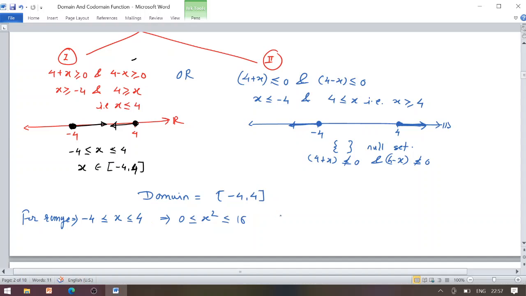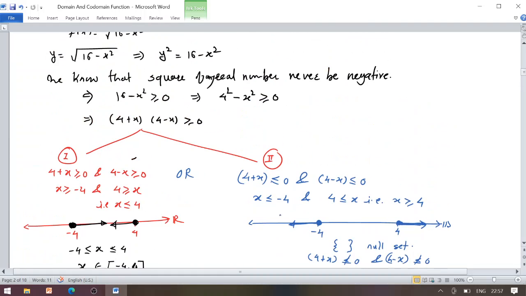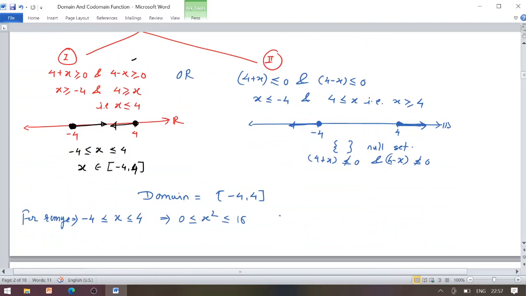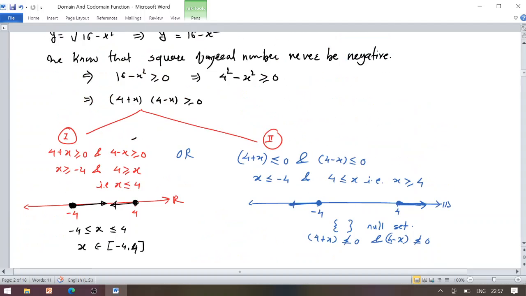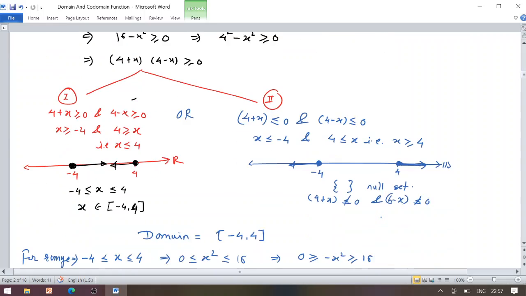Now we require minus of x square as in the given function. So let us multiply throughout the inequality by minus of 1. We get 0 is greater equal than minus of x square and greater equal than minus 16, where the sign of the inequality changes from less equal to greater equal. Now we require 16 minus x square as per the given function.